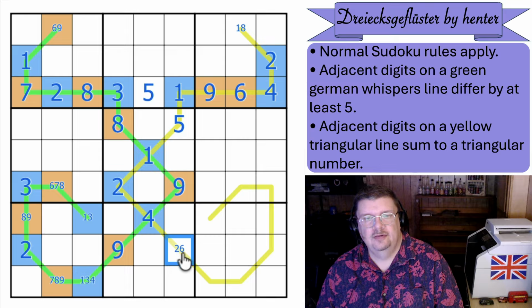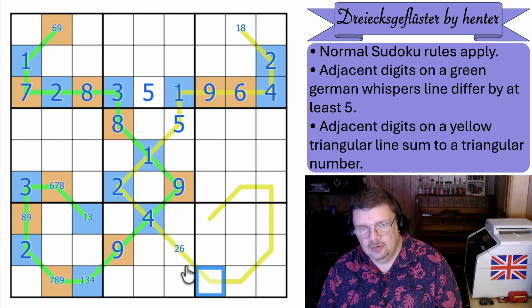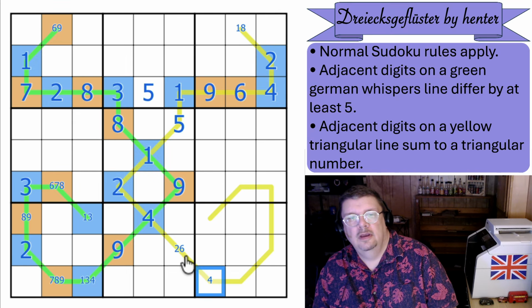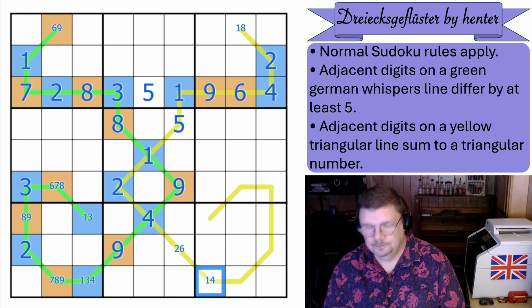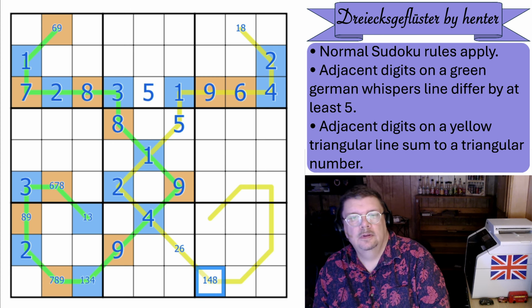All right, so 6 has 2 digits it can go next to, which are 4 and 9. And that can't be a 9, so that could be 6, 4. 2 can go next to 1, 4, and 8. Is that right? 6 and 4, 6 and 9, but it can't be a 9.